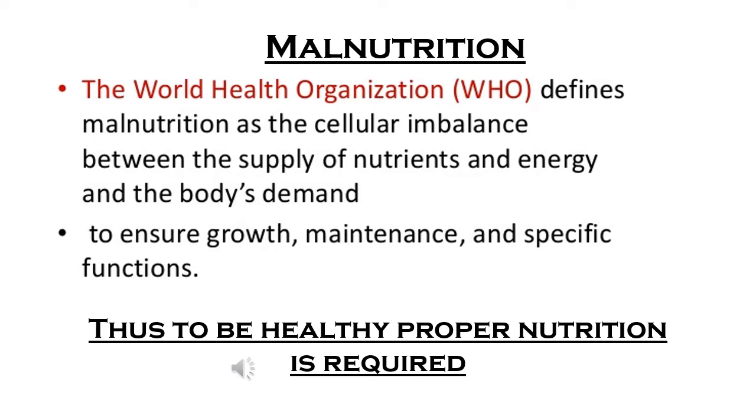Thus, from whatever we have seen from the earlier slide, we can say that to be healthy, we need proper nutrition. Isn't it? Yes. So let us see what is nutrition and what does a nutrition rich food comprise of.